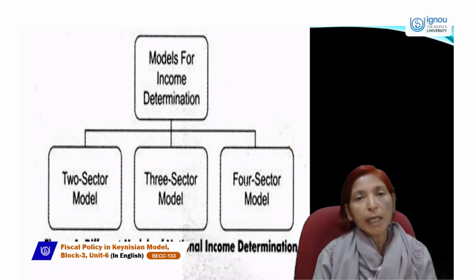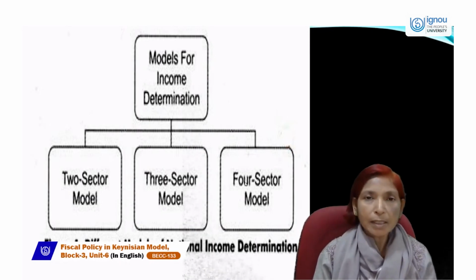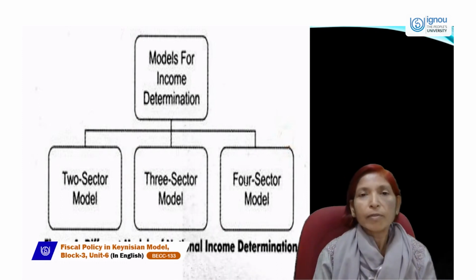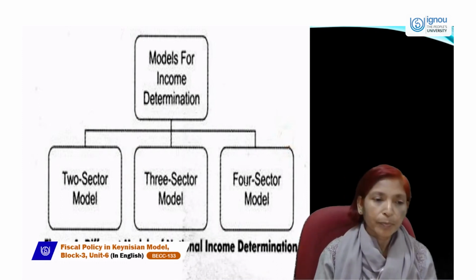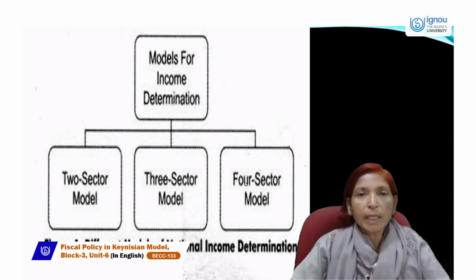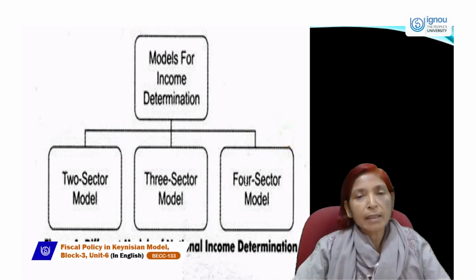And national income can be determined with the help of two approaches. One is the expenditure approach and the other is the saving and investment approach. So national income can be determined in a two-sector, three-sector, and four-sector economy.